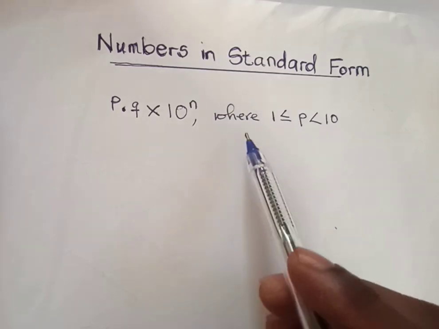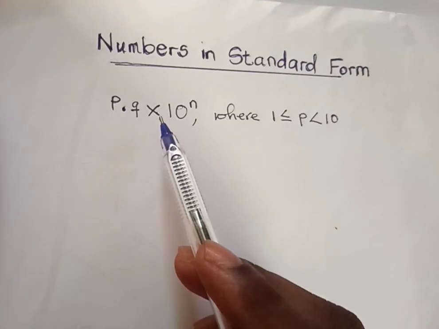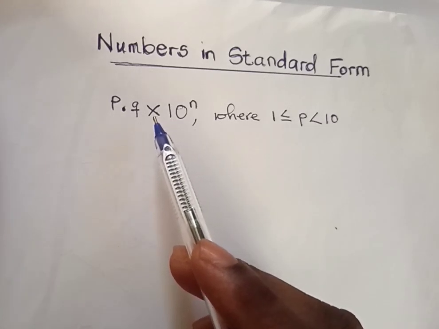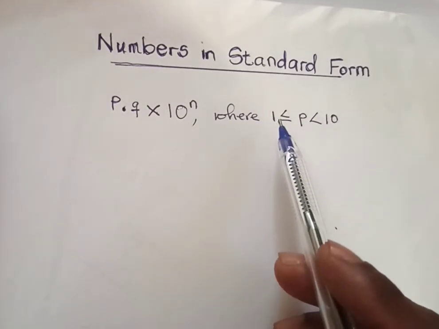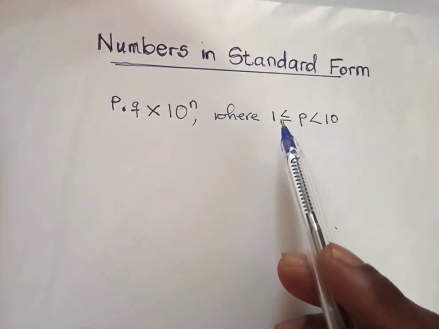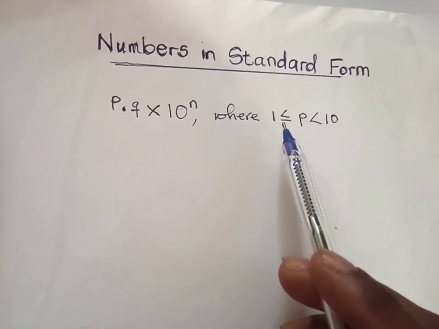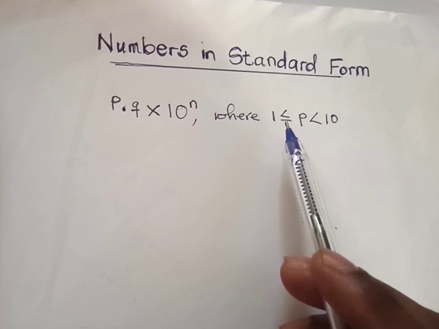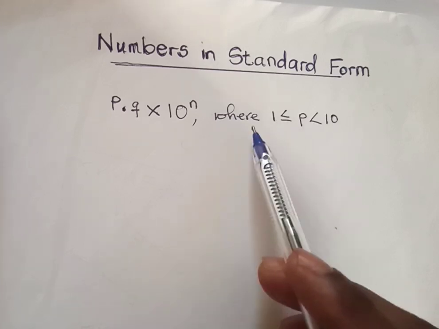It means that whenever you are asked to express certain numbers in scientific notation or standard form, your p must be from 1 to 9. Have you gotten that? Good. It means your p shouldn't be less than 1 and shouldn't be greater than 9. It should be from 1 to 9. That is what it means.